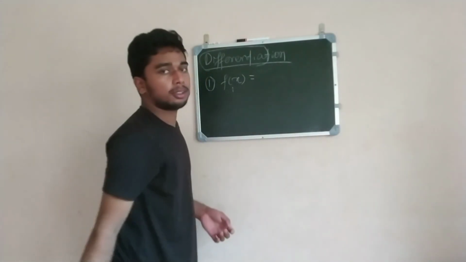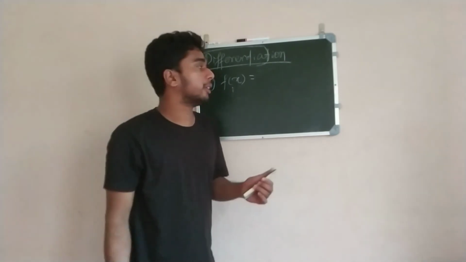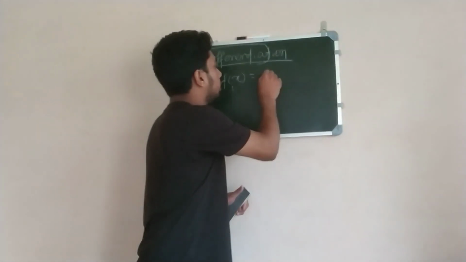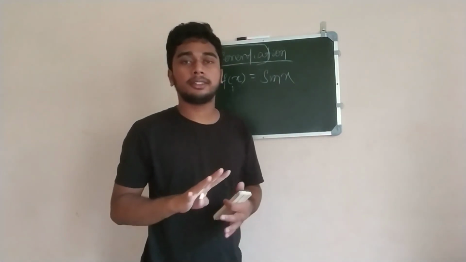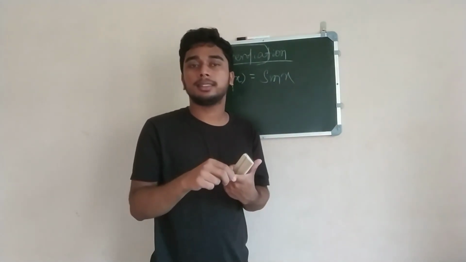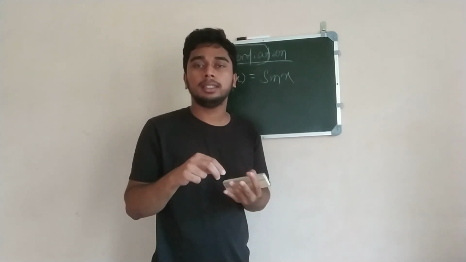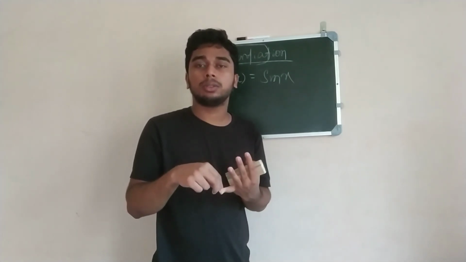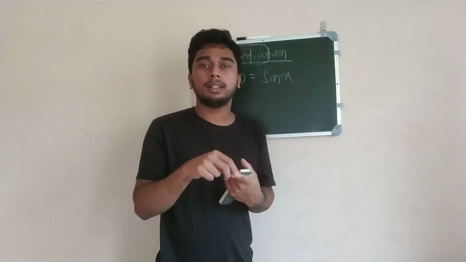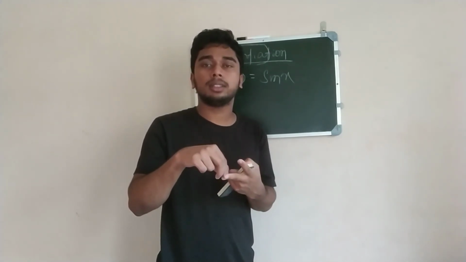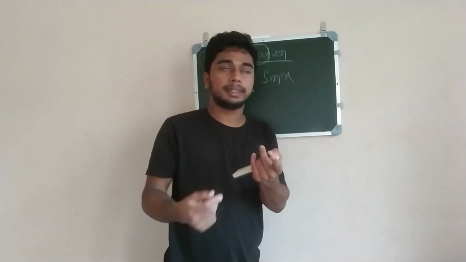Let's discuss some trigonometric functions. We already know there are 6 trigonometric functions. First one is sine, second is cosine, third is tangent, fourth is cotangent, fifth is cosec, and sixth is sec.